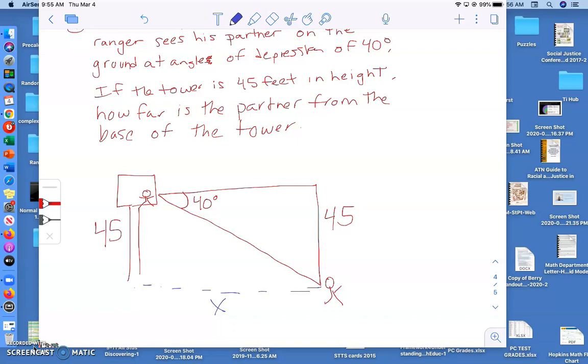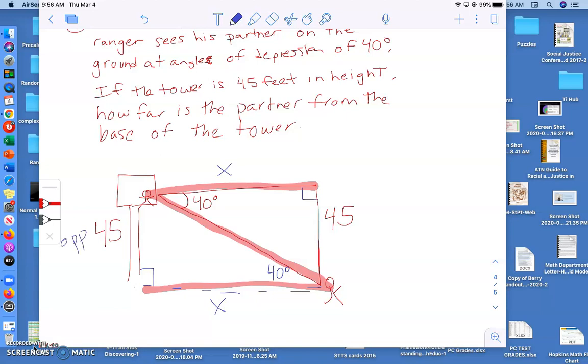So you can see we have two right triangles, and you might remember from geometry, if you make a Z with parallel lines, if that side's 40, then this is also 40 degrees. So here are our right angles. So we have two triangles where we could calculate this, because if this is x, here is x. So either one, if we use 40, this is opposite. If I was using this bottom 40, this is adjacent.